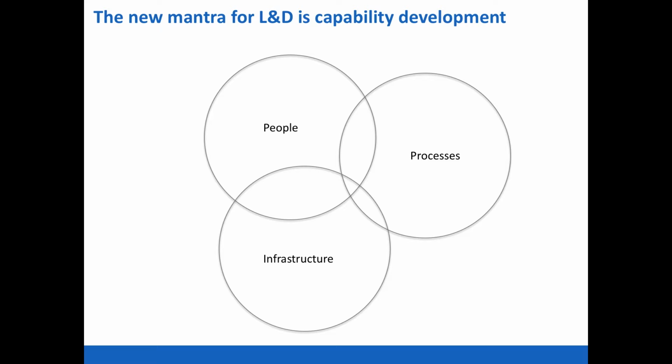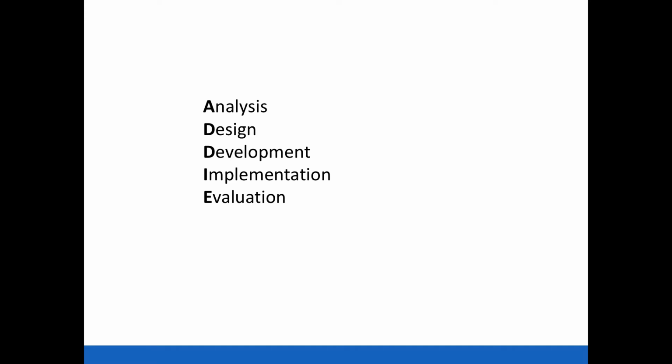The definition I'm really starting to see is it's a combination of people, the traditional skills, knowledge and mindset, processes, how things are done, and also the infrastructure where things are done as well. Inside of people, there might be rewards and organizational design as well, and that sometimes crosses over into infrastructure and processes as well. But it's a holistic way of working beyond courses is the way I like to think about it.